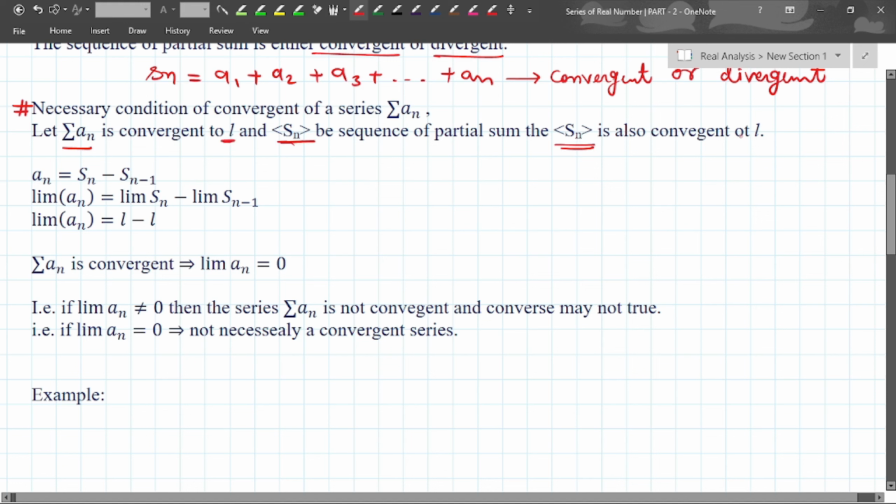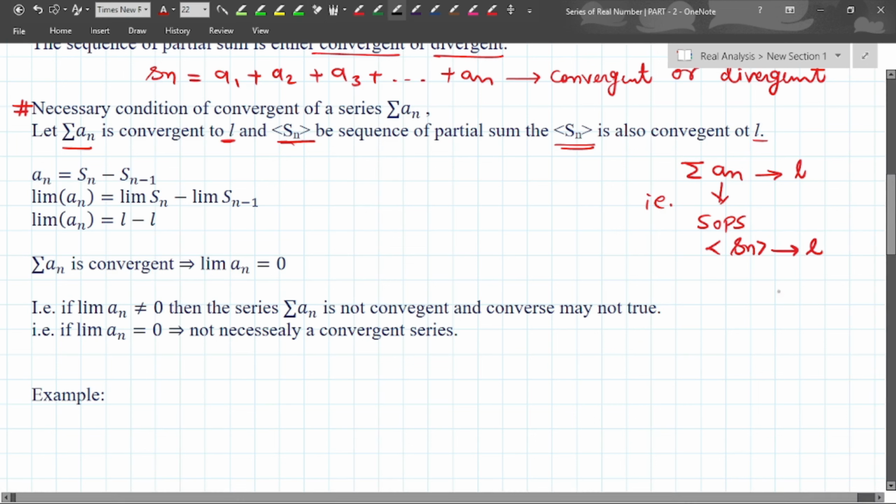Then this sequence will converge to L. It means that if an is a series converging to L, the SOPS is also converging, so the sequence Sn will also converge to L.